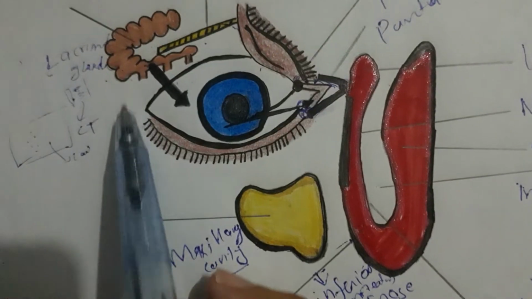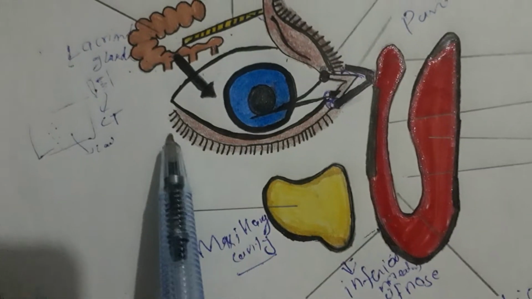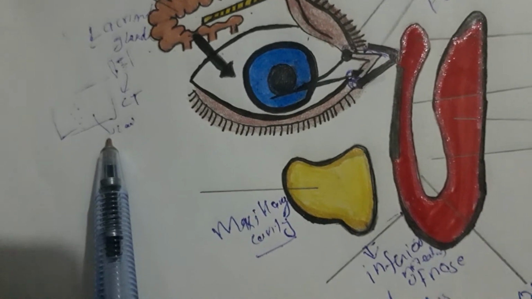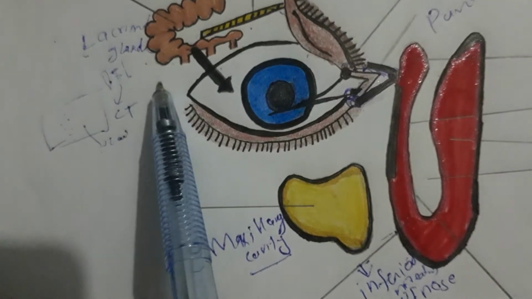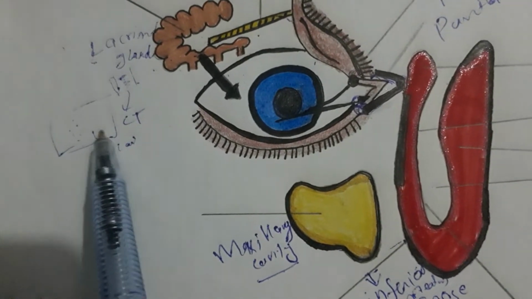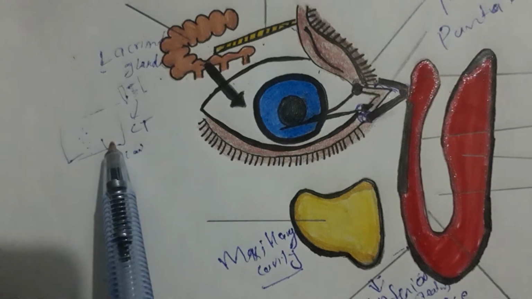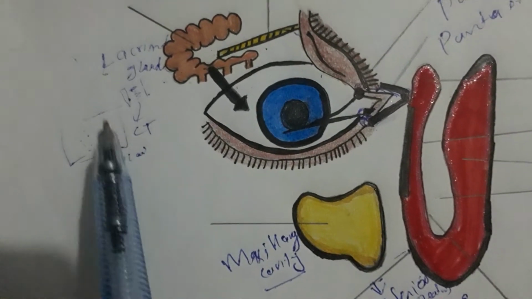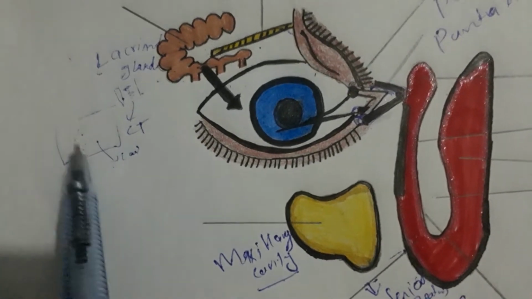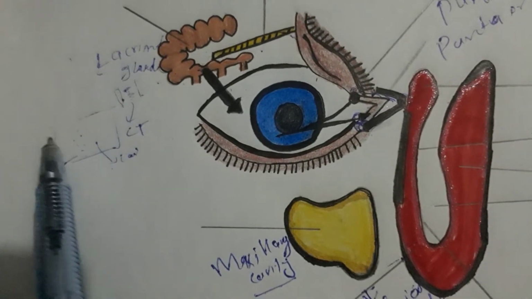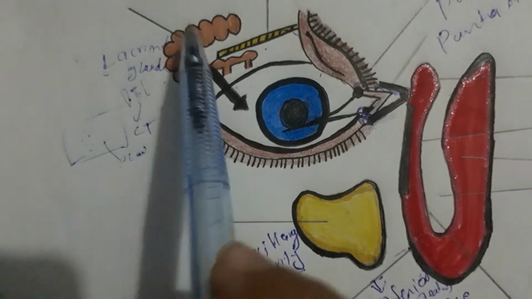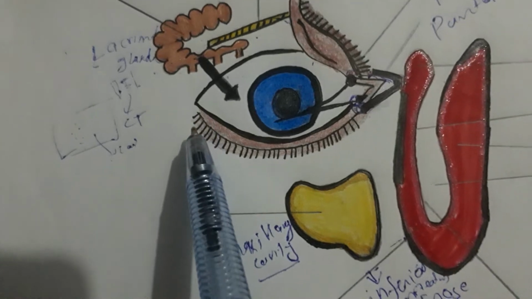On section, seen under an electron microscope or light microscope, it consists of a lumen or cavity, where cytoplasm and mitochondria are also present, and secretory cells are also present in the cavity of the lacrimal gland. This produces the aqueous layer of the tear film.